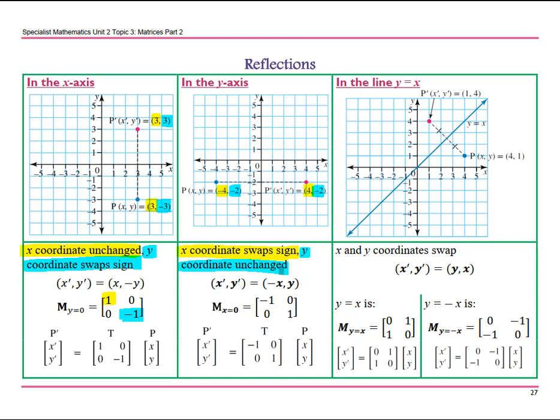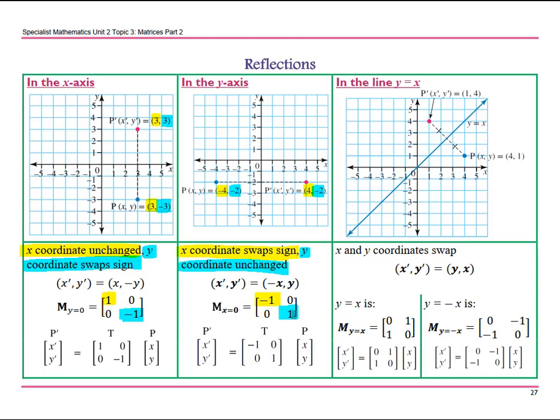So thinking about that, the image of x is negative x, and the image of y is the same as y. So in terms of a matrix, we have -1, 0, 0, 1. So our x has swapped signs and our y has remained unchanged.